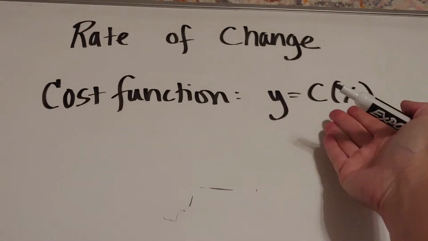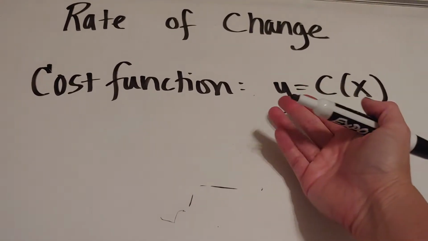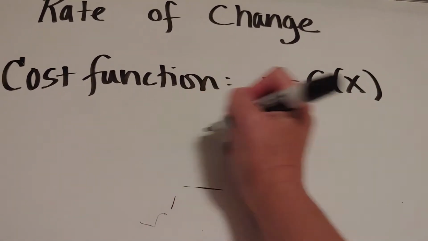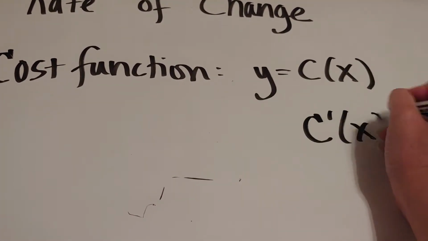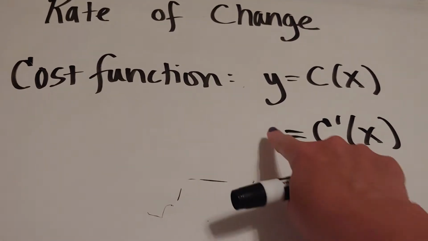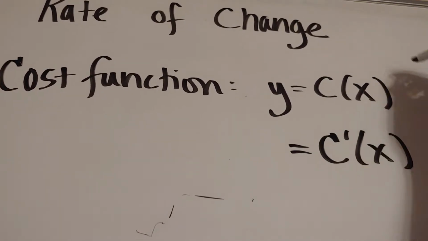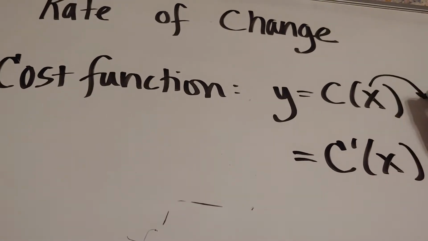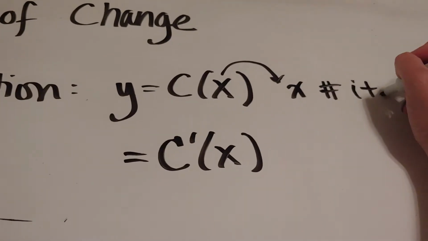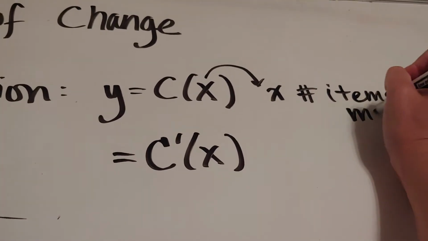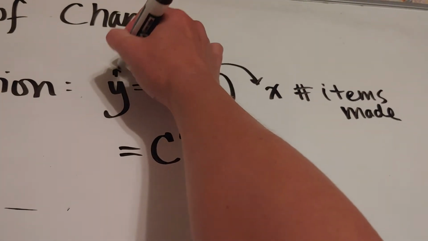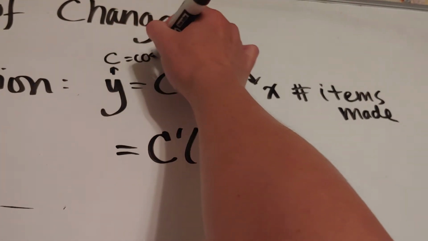And cost functions are usually capital C of x, and I have written y equals C of x, but let's talk about the derivative. So the derivative, the C prime of x, now you might write dy dx, but what I really want you to think about is how this cost function works. So how it works is that x is the number of items made, and what comes out, this y or C, if you will, is the cost.